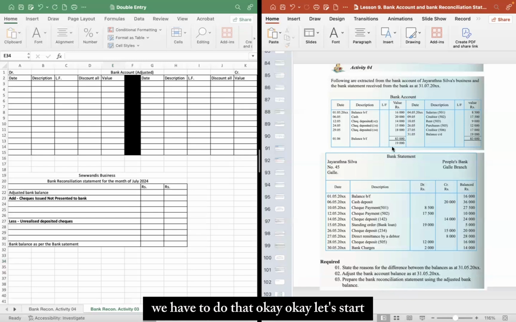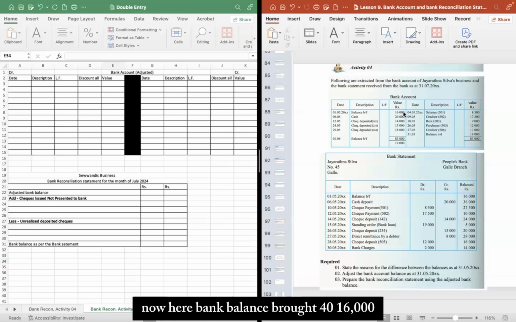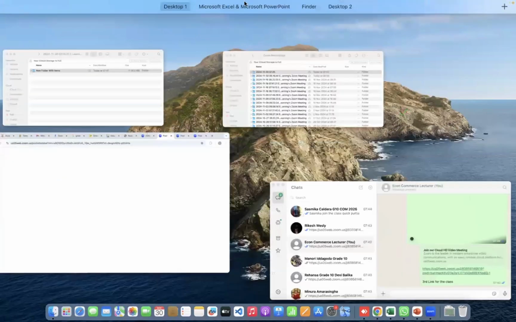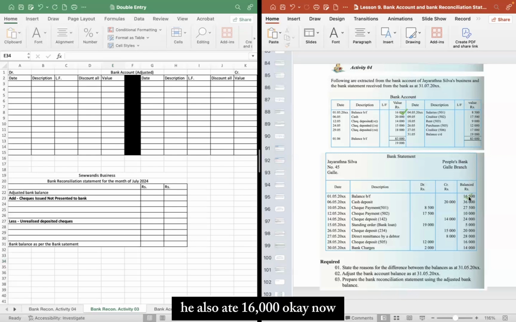Okay, let's start. Now here the balance brought forward is 16,000. Here also it's 16,000.